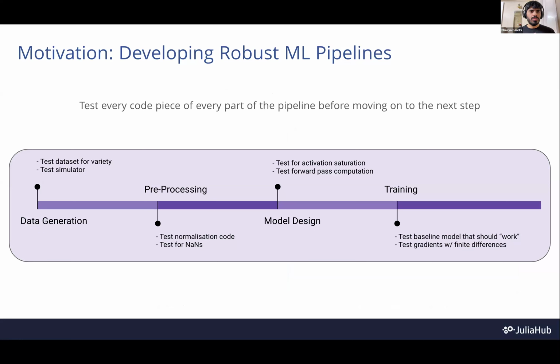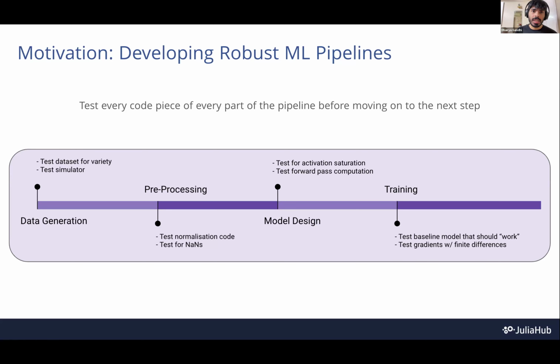So this is just a pipeline. This is a simple timeline of the same processes that we spoke about earlier, from data generation to processing to modeling and then training. Every single piece of this pipeline needs to be tested before we can actually move to the next step. And that's basically what we're trying to emphasize here. You can see that tests will look very different for every step in the pipeline.